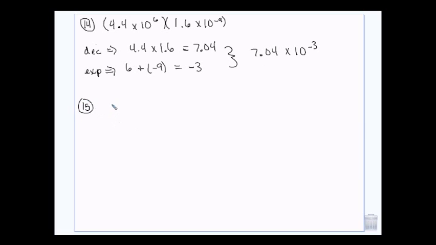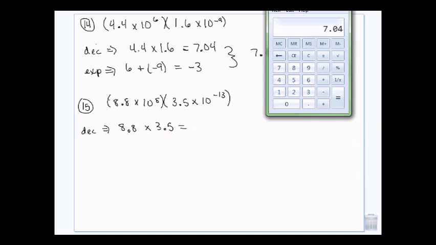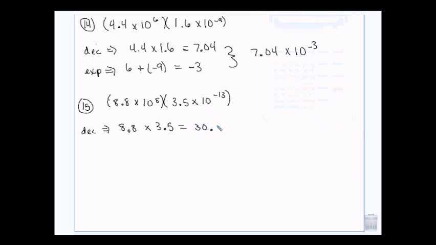Number 15, I'm hoping to get something that we have to fix. Okay, so I'm going to do the decimal part, which is 8.8 times 3.5. I'm sorry, is that a 5 or an 8? Yeah, 8. It's on your paper, it's number 15. Okay, that gives me 30.8.